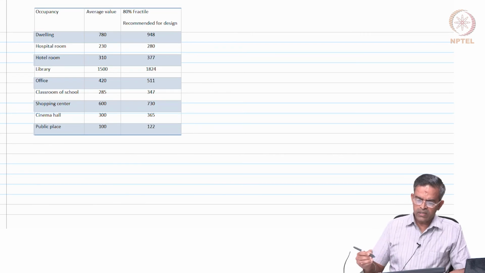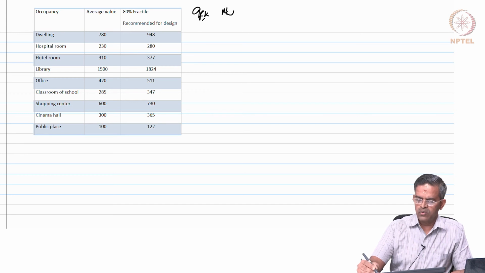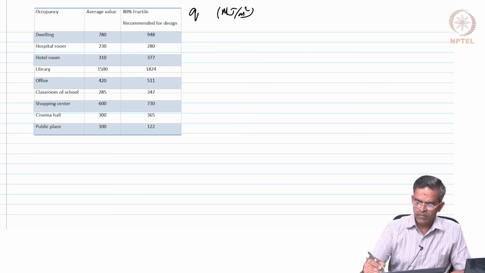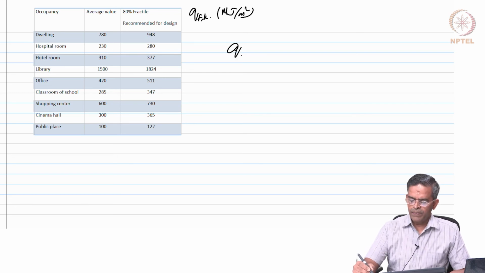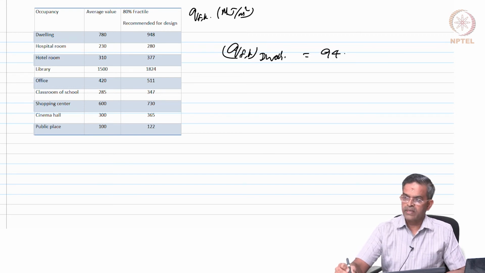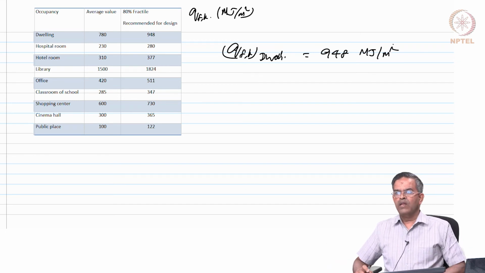The table you see on the screen gives an average value of QFK in megajoules per square meter. This is QFK. For example, QFK for dwelling units is about 948 megajoules per square meter, which is the equivalent value of wood.